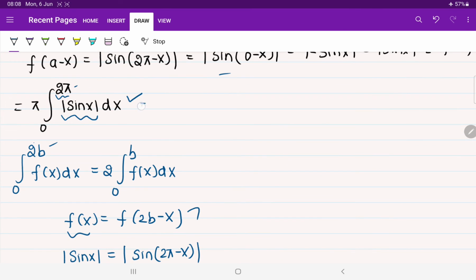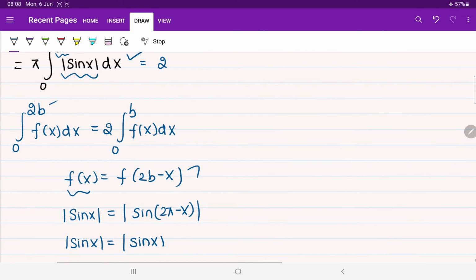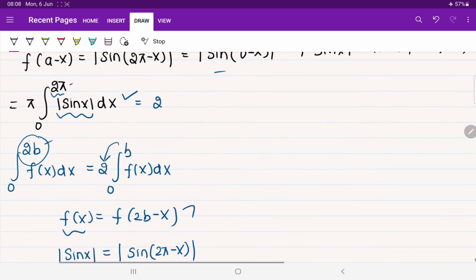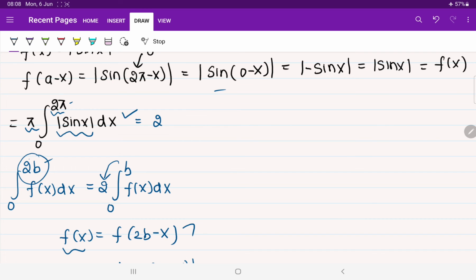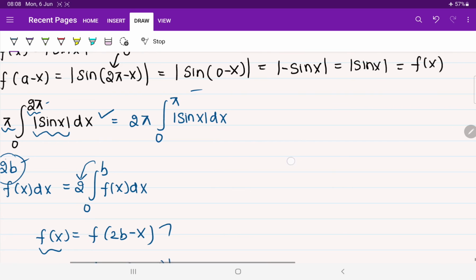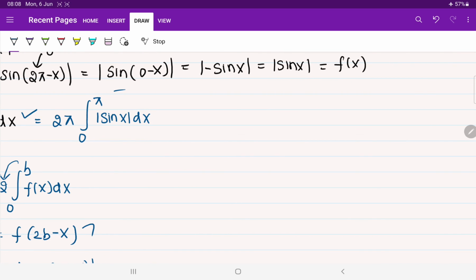So further, this function can be rewritten as 2, I am taking. See what I told you. You can take this 2b, you can take the 2, put it in front of the equation, and write this equation as integral from 0 to b of f of x into dx. Already we have one constant here, with that these two will be multiplied, then the result can be written as 2 into integral from 0 to pi of mod of sin x into dx. Finally, we know the value of sin x will be positive from 0 to pi. Yes or no?